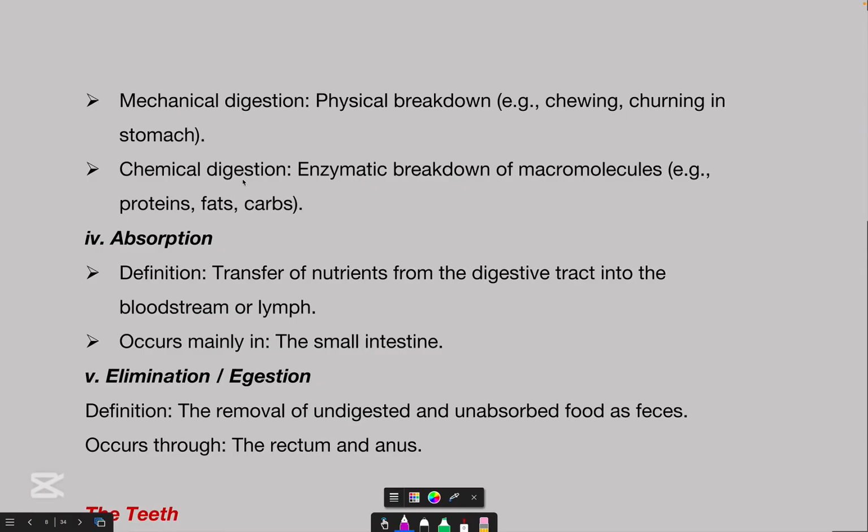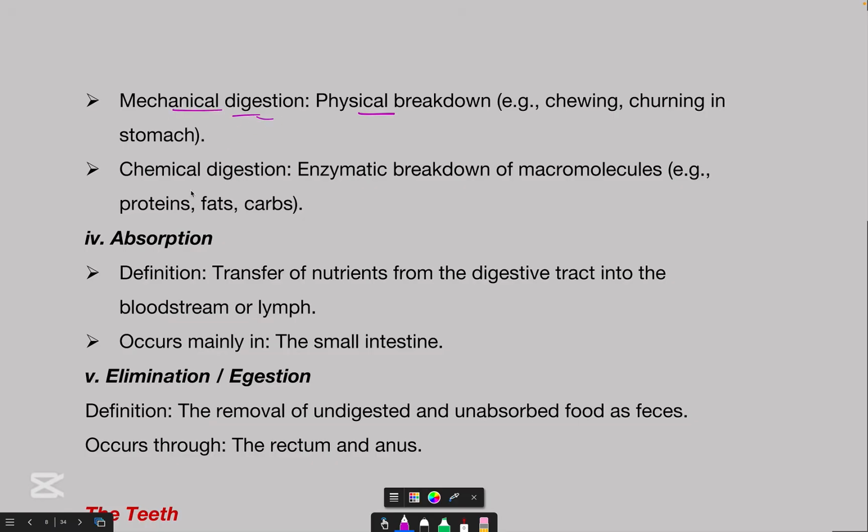Mechanical digestion has to do with physical breakdown, such as chewing, and the churning in the stomach by peristalsis, as the walls of the stomach move and hit the food. All those ones, they are what? Physical breakdown. They fall under mechanical digestion.